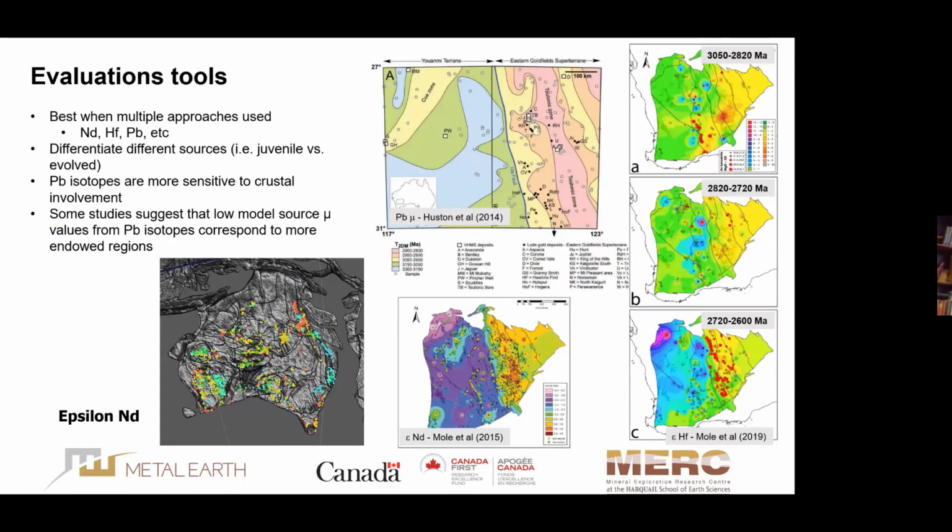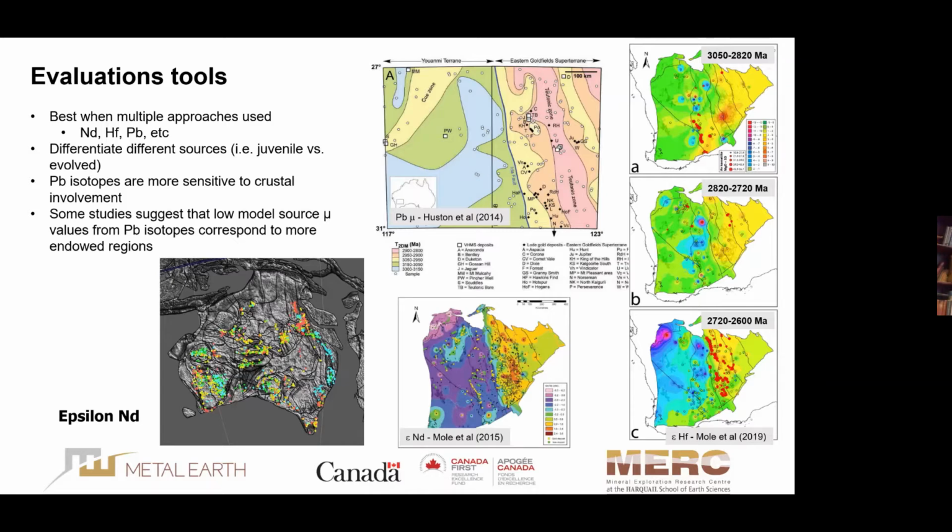So from an isotopic perspective, a lot of work's been done in Australia. A lot of it has also been transferred here, and Metal Earth is doing some fundamental work with this. But in all cases with these evaluation tools, it's best if we have multiple systems to work with. Obviously, neodymium, hafnium, and lead are some of the primary ones.